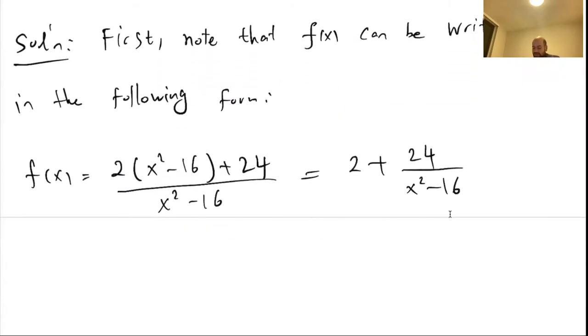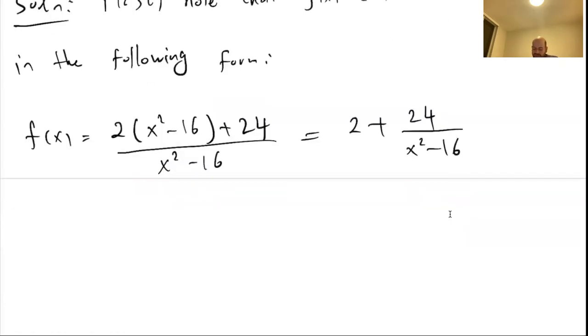All right. So this form is a simpler form. It can help us to find the asymptotes faster. So let's see how. But let's start with the domain first. You don't have to write f of x in this form. If you prefer the original form, you can work with the original form as well. Domain of this function, what is it?